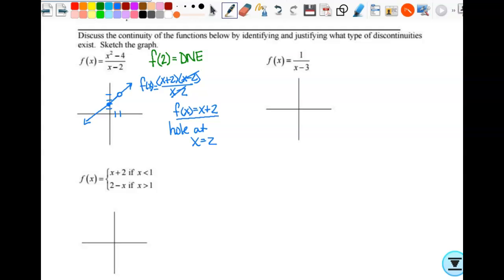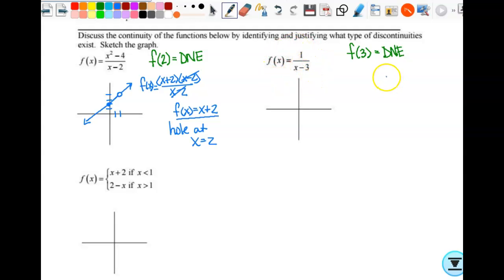All right, let's look at this one. I would rewrite these questions if I had a chance, but I didn't. Does f of 3 exist? Does not exist, so we're not continuous there. What's happening at 3? An asymptote.